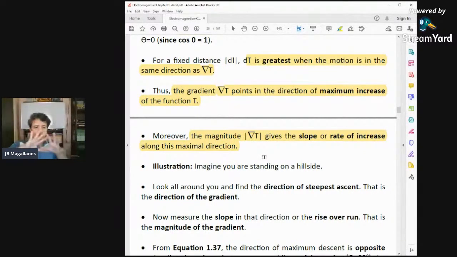So if you're on a mountain where there are so many three-dimensional curves, you just find the theta that is 0, that will give you the maximum or the greatest derivative. That would be the direction of your gradient t.